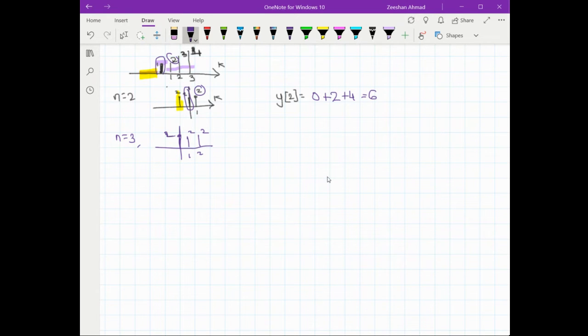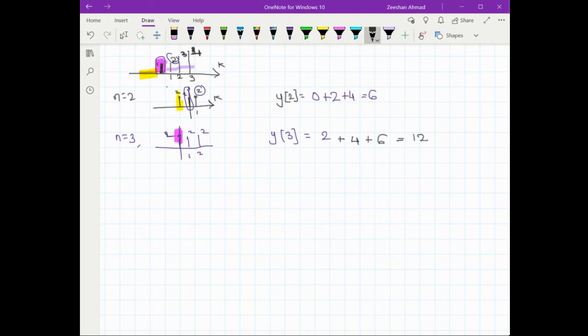Now if we multiply it, y of 3 will be equal to 2 multiplied by 1, plus at 1, this is 2 multiplied by 2, it will become 4, plus at 2 it is 2, so 2 multiplied by 3 will become 6. If you add them, you are going to get 12 here.